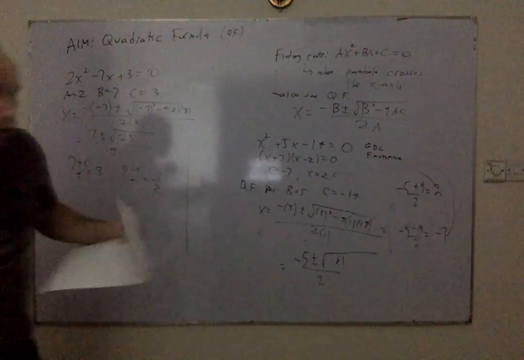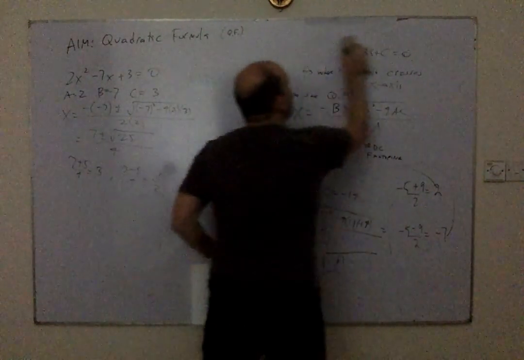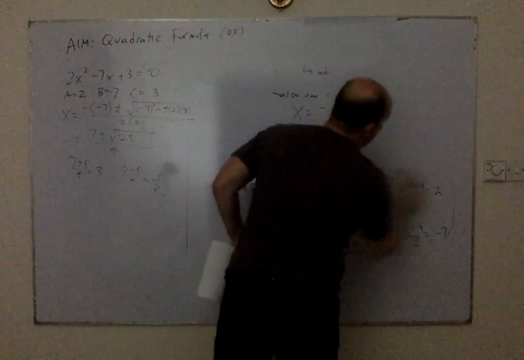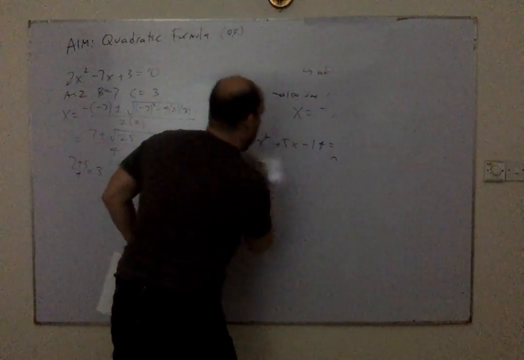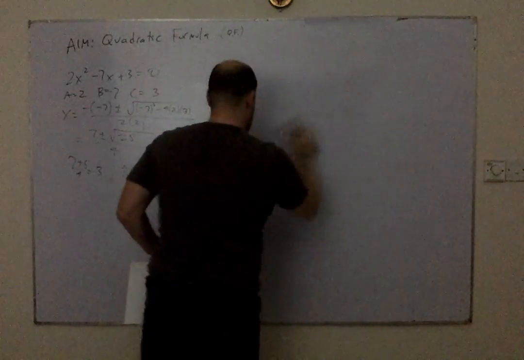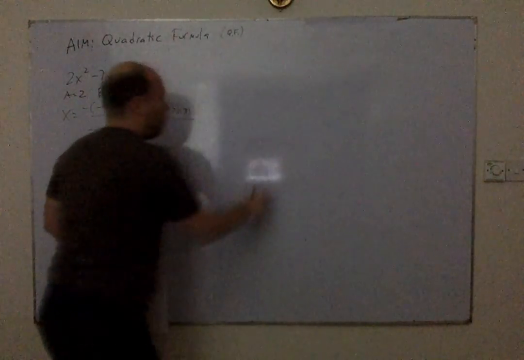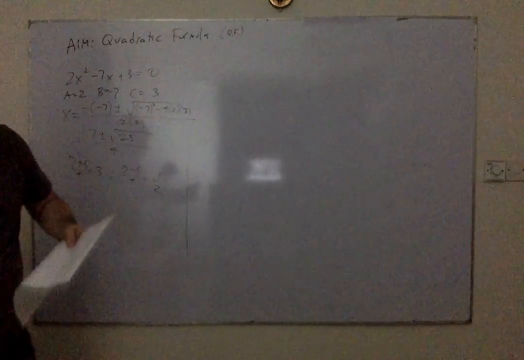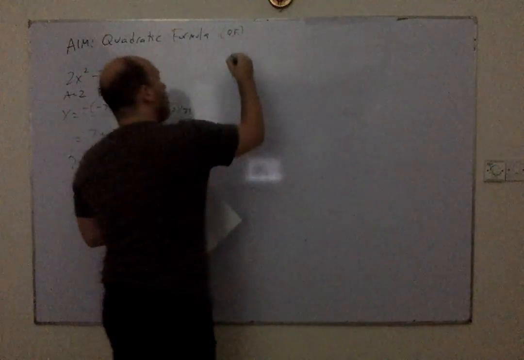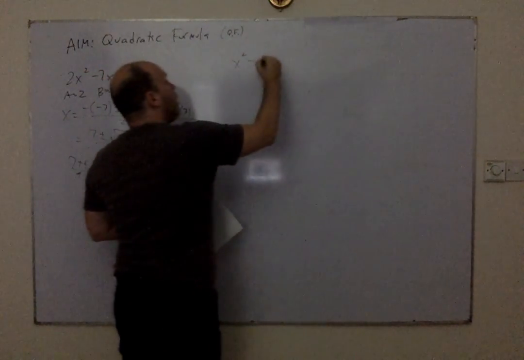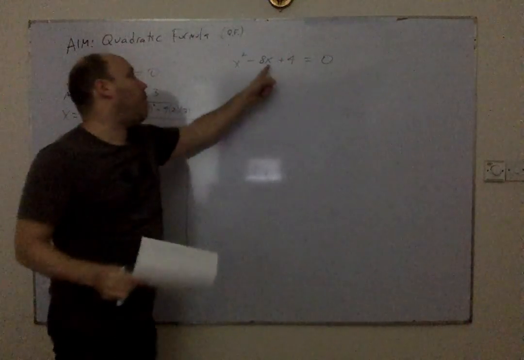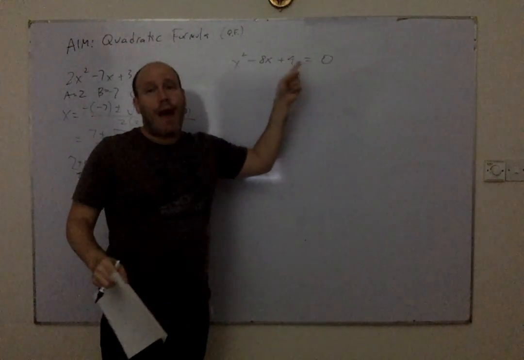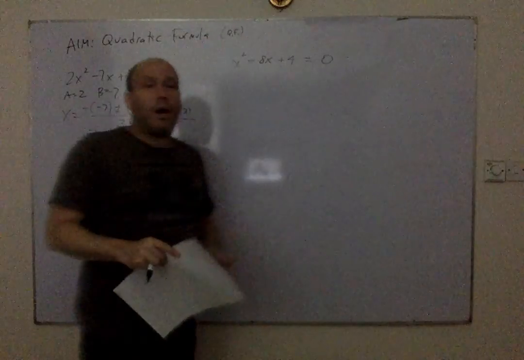I want to do 3 more. How about x squared minus 8x plus 4 equals 0. Now, I immediately know I can't factor this, but I know there's roots.